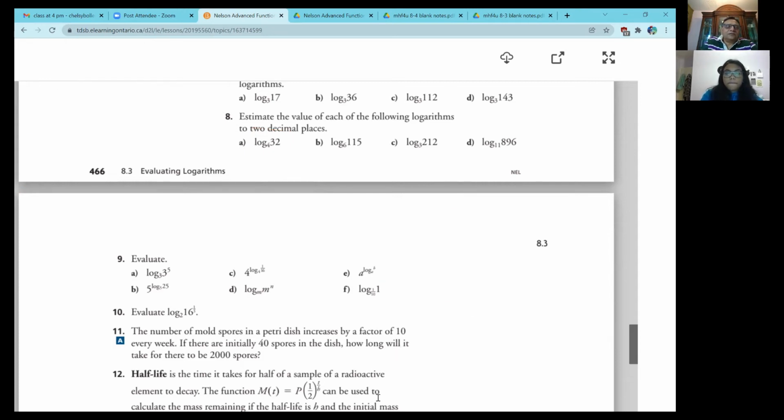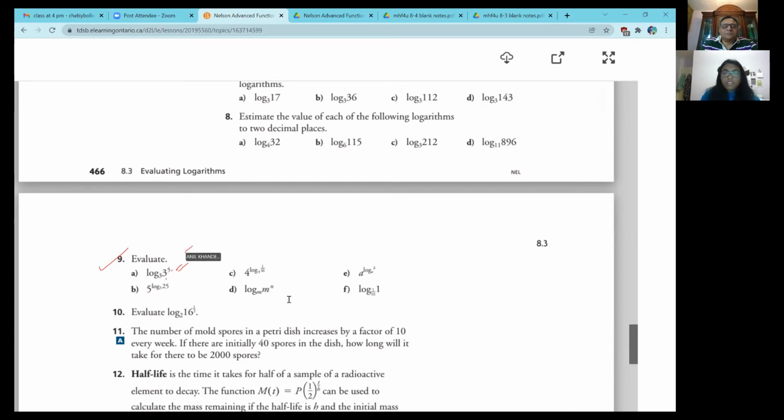So let's evaluate question number 9. Can you tell me log to the base 3 of 3 to the power of 5 will be how much? Look into the properties. So is it 5?